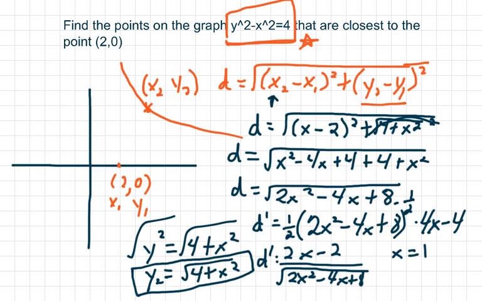If x is 1, I can find my y value now by substituting it back into our y2 equation that we have over here. And I could have 4 plus 1 squared is the square root of 5. So we'll say that's plus or minus, right? So there would be our points, or our ordered pair, 1 root 5.